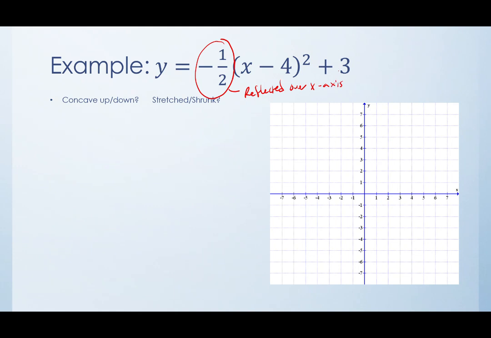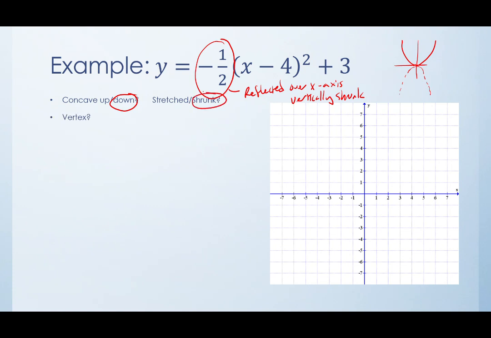And because it is between 0 and 1, we know it has been vertically shrunk. So that means this is going to open concave down, because our original looks concave up, and we have reflected it and also squished it a little bit. So it's been shrunk.